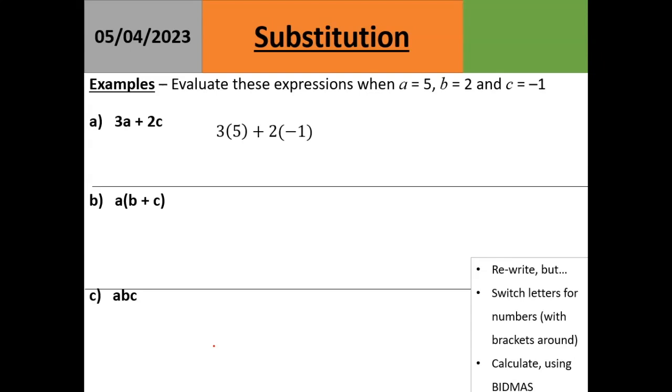So we're going to do that multiplication first. We're going to do the 3 times 5, and then the 2 times -1. That gives me 15. Oh, I forgot. I switched these out, and I don't think I changed the answers. Okay, let's not do that then. Okay, so 3 times 5 is 15. And then plus 2 times -1 is going to give me -2. So I'm going to get 13. Yeah.